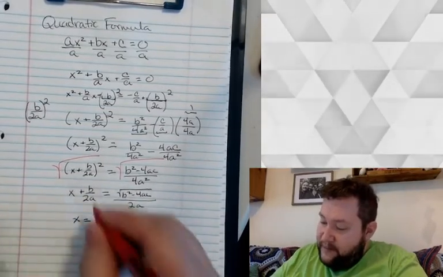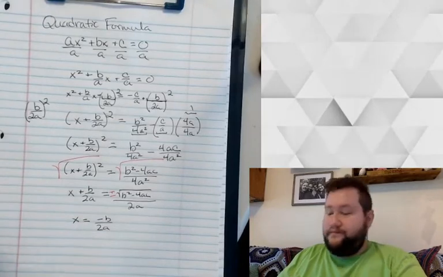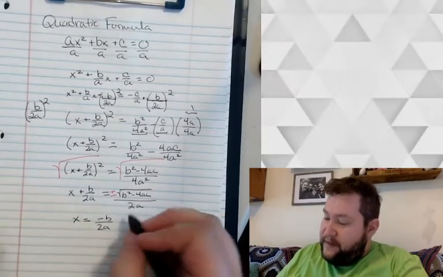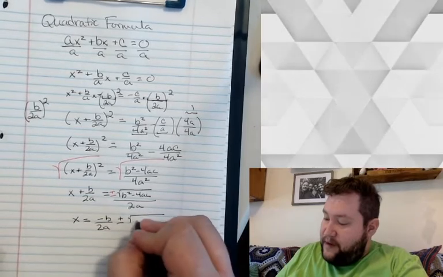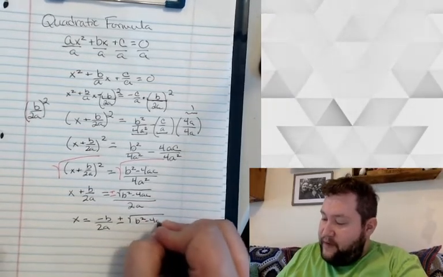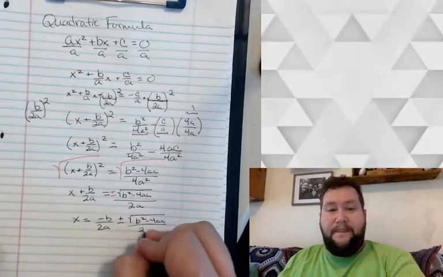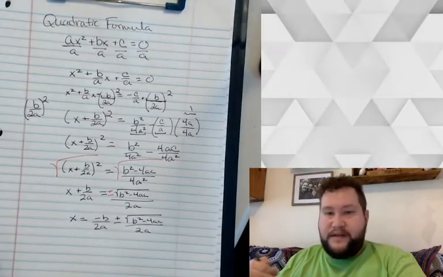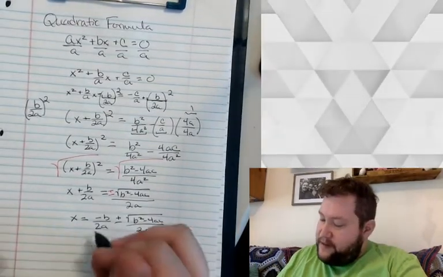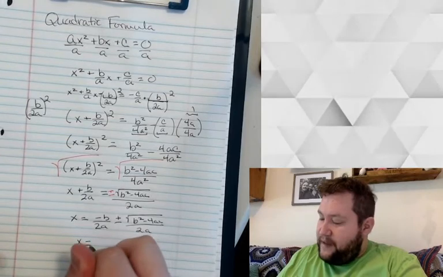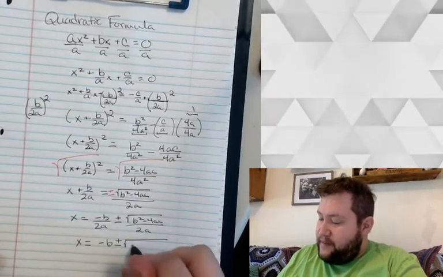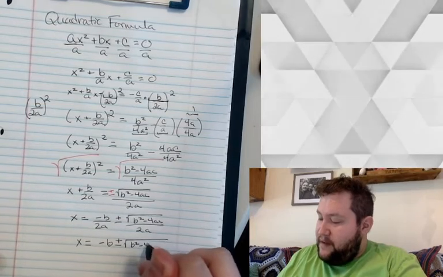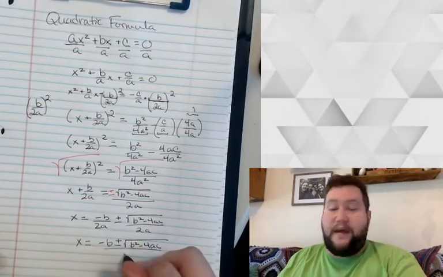A plus or minus. So we have negative b plus or minus the square root of b squared minus 4ac all over 2a. And that's a common denominator, so let's just throw them together. So x equals negative b plus or minus the square root of b squared minus 4ac all over 2a.